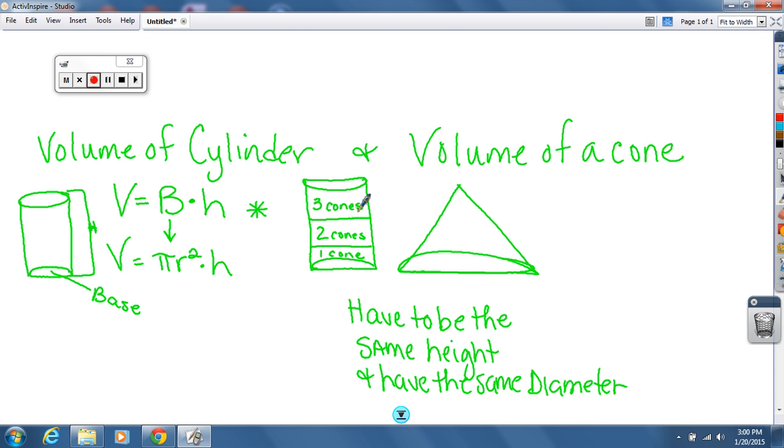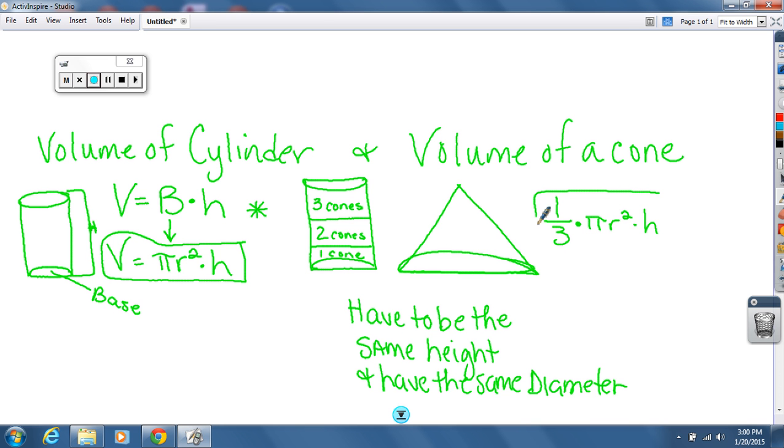So the formula for a cone is just 1/3 times pi r squared times your height. So it's the exact same formula, but you only get 1/3 of it because it takes 3 cones to make up a cylinder. So these two are real good formulas to keep in mind.